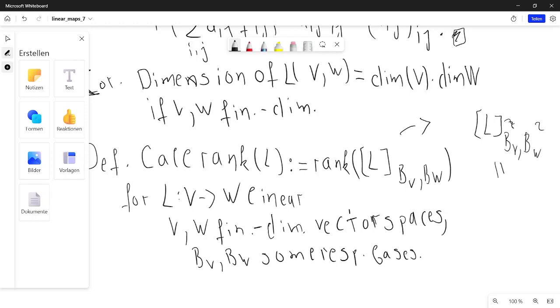What would that be? Recall this thing with composition of matrices being exactly composition of maps.